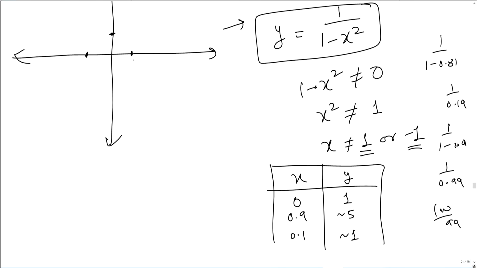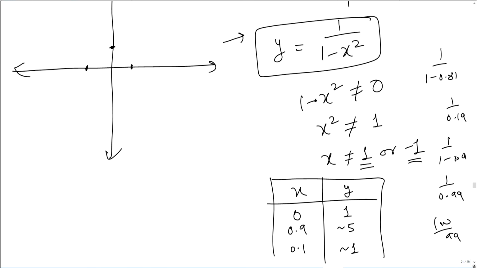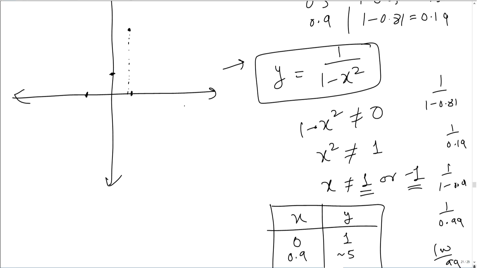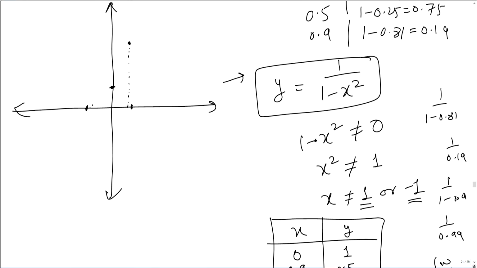Okay, so at 0.9, the value of y is around 5. It's quite large. Similarly, at x equals minus 0.9, the value of y is again 5. So the value of y is increasing as the value of x is increasing in either direction.